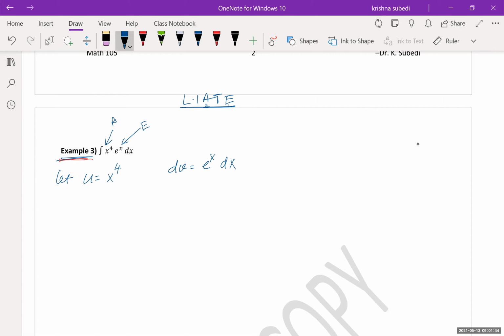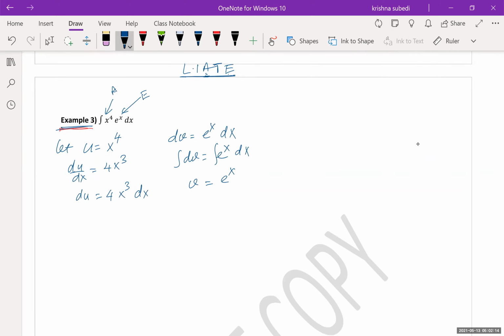Now, you find the derivative on this side, find the integration on this side. So du over dx is 4x cubed. And the integration of dv equals the integration of this. Now, this is going to give you du equals 4x cubed dx, and v equals e to the x.